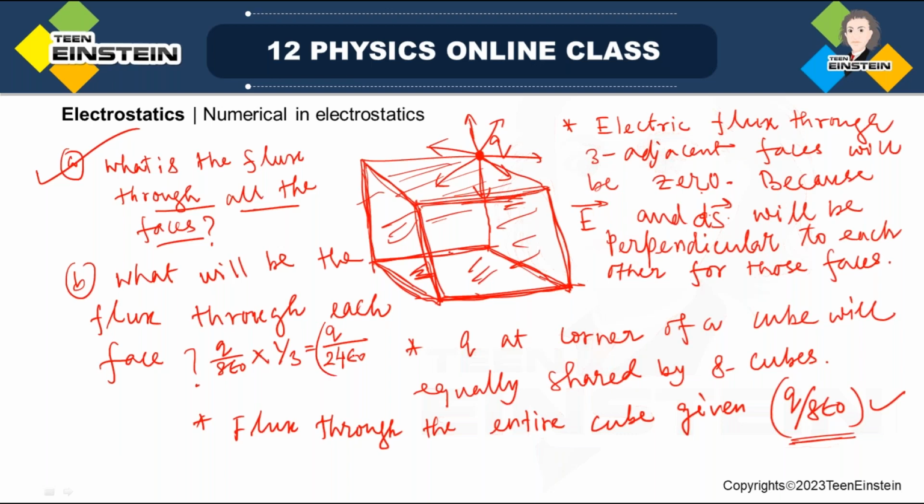So this is the flux through each of the other three faces.